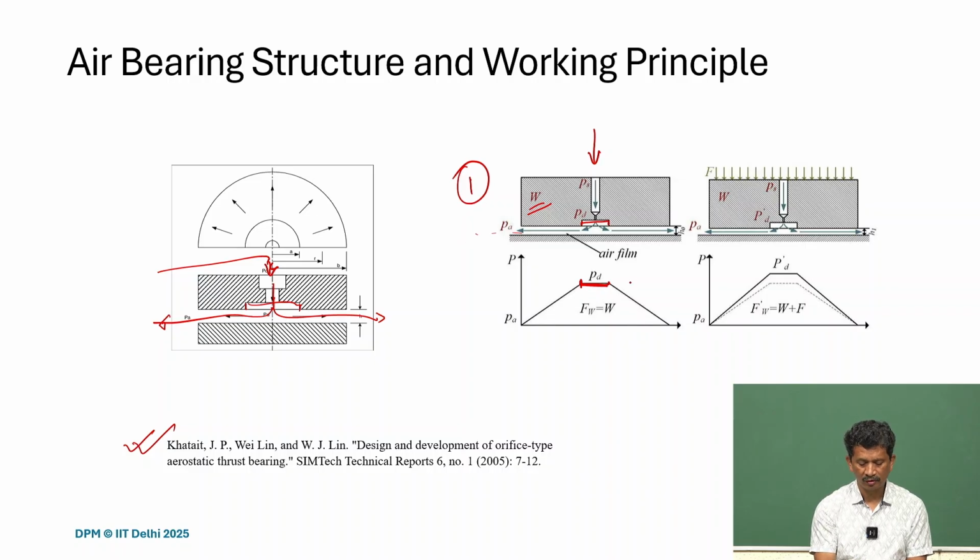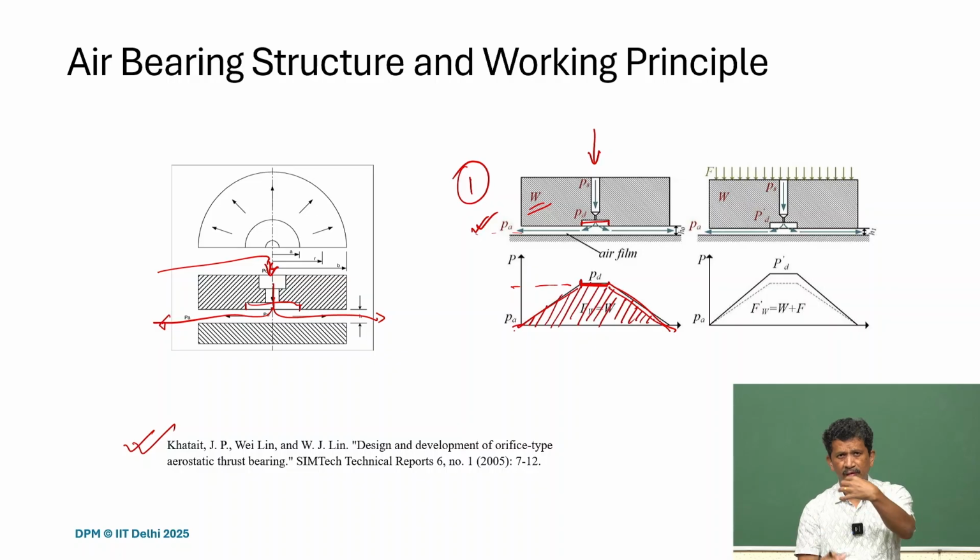So of course the air pressure will be the same, PD, and then along the surface there will be a pressure distribution, so the pressure will change, and at the outside you have atmospheric pressure, so from PA to PD. What you realize is that when we integrate this pressure over the area, we get the overall load.